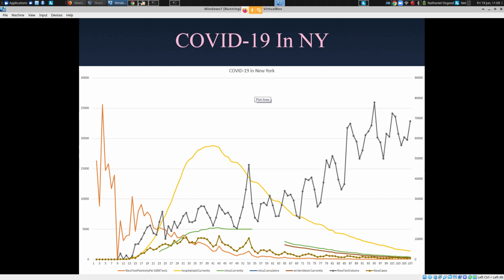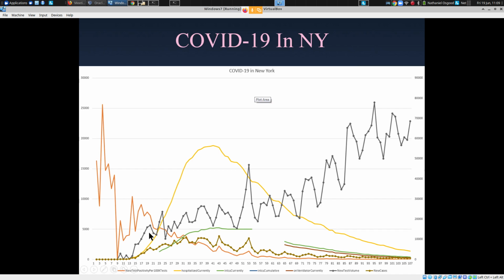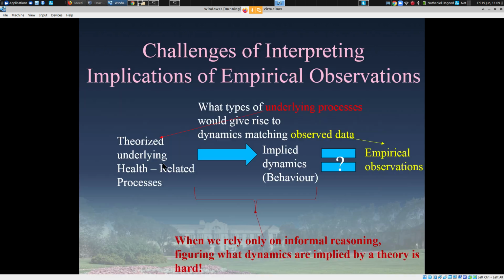It's entangled in a way that makes understanding one thing difficult from understanding the other, and almost begs for explanation of, what's going on here? Why do we see these patterns? A lot of the challenge here is, we might have a theory for what's going on in the world. We might have a theory for what's happening behind this.